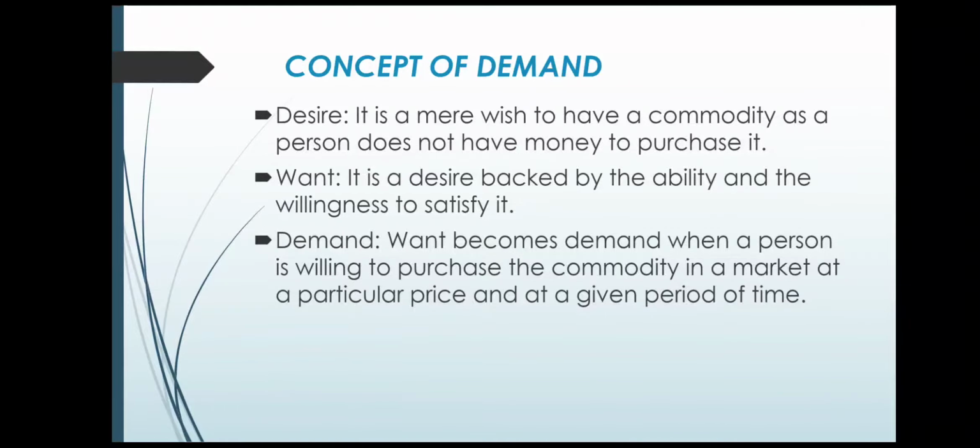So for example, if there is a person who is earning quite well, he belongs to upper middle class, and there is a new car that has been launched in the market, and it has got all the new features, and the price of that car is only rupees 5 lakh.